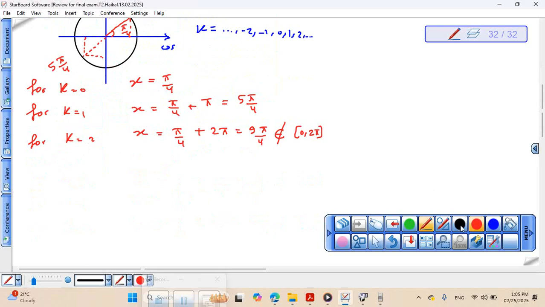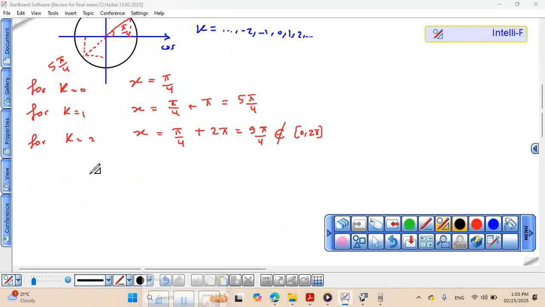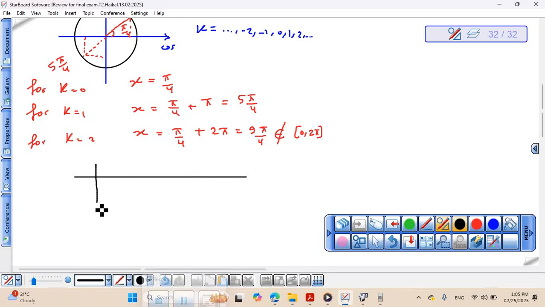To check this, we can make a table for x from 0 to pi to 2 pi. Here pi over 4, here 5 pi over 4.